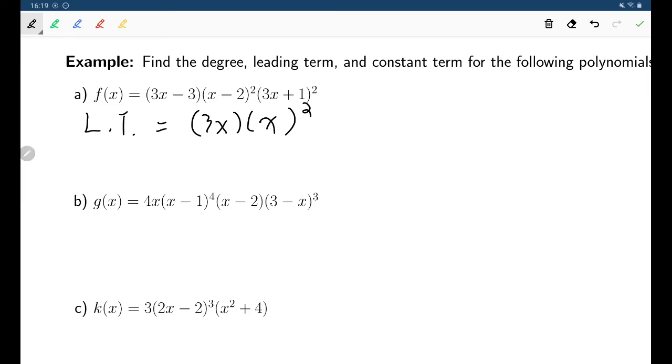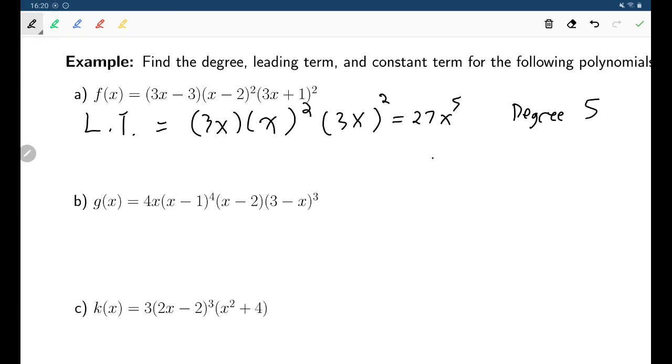So I have an x and another x. Same thing with the last factor, 3x plus 1. The leading term is 3x, but of course that factor is repeated twice, so it's really 3x times 3x. And then if I simplify that, I find it's 27x to the 5. So that means this is a degree 5 polynomial.